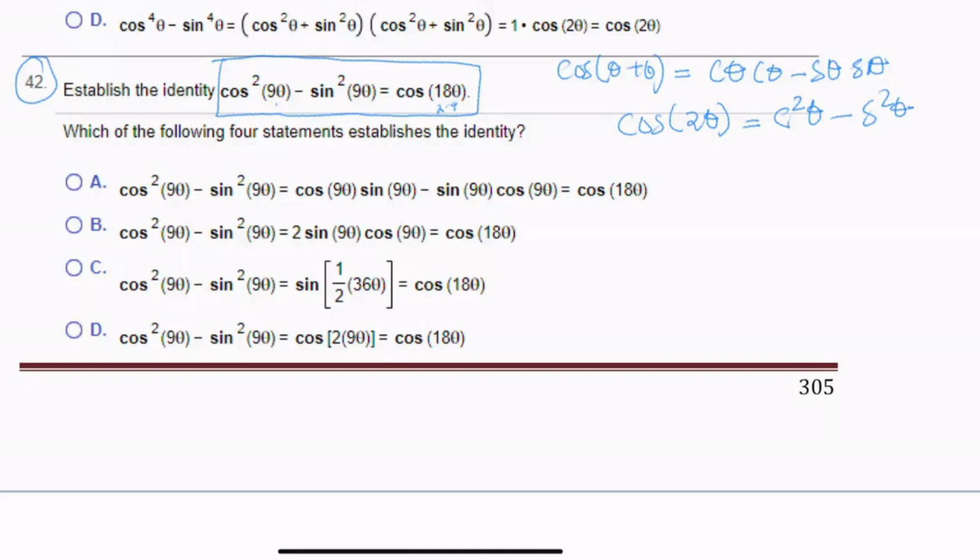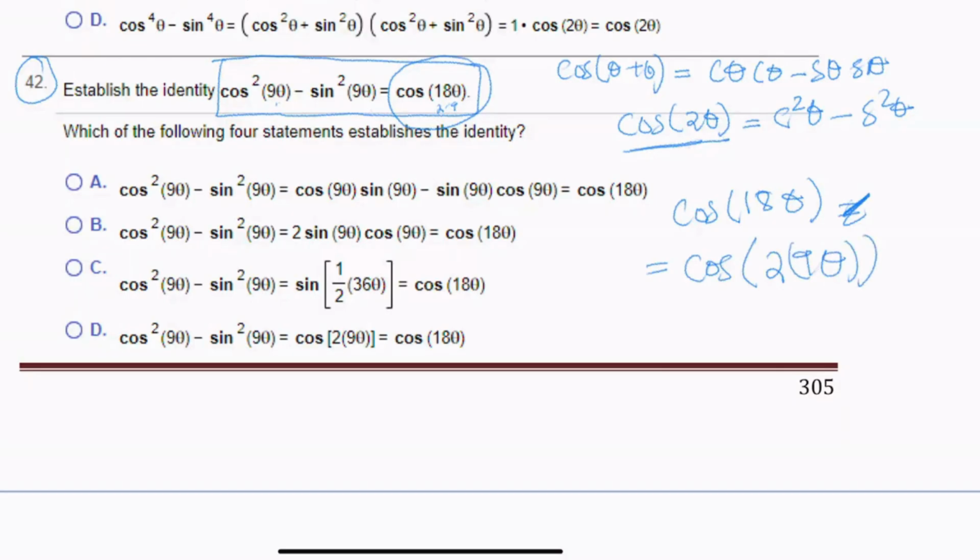Okay, so you can see that this is the same as that one, right? In this case where there is cosine 2 theta, I write this cosine 18 theta. So cosine 18 theta can be written as cosine 2 times 9 theta, in that order.